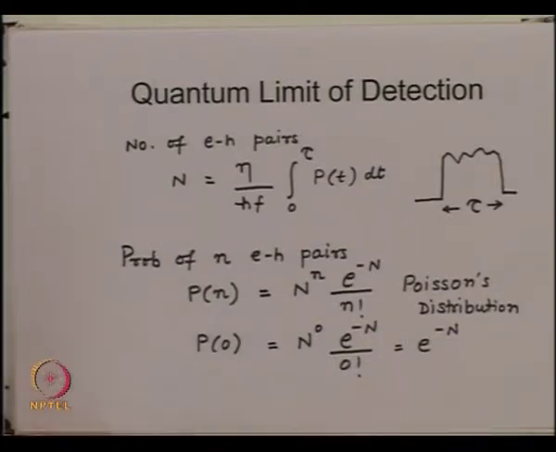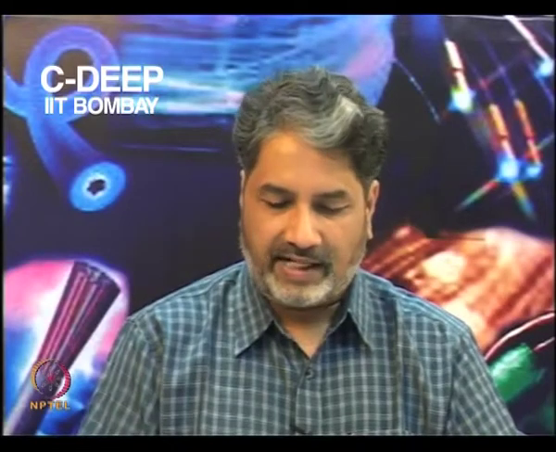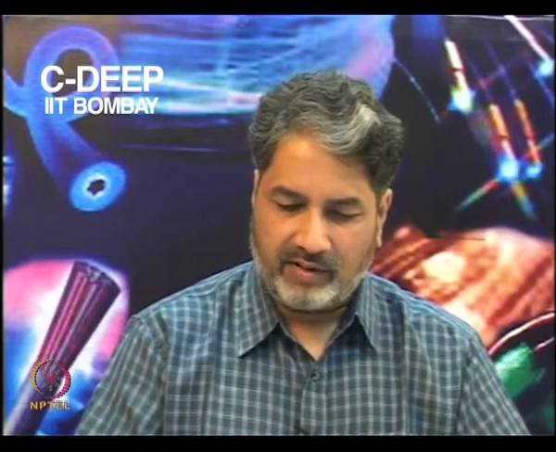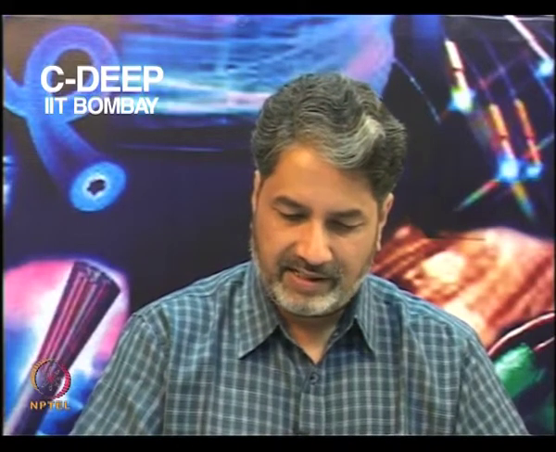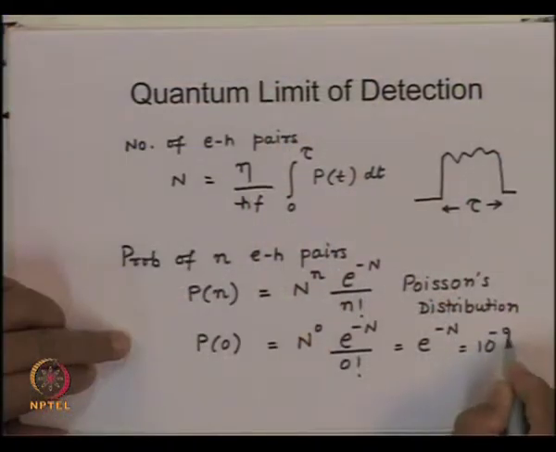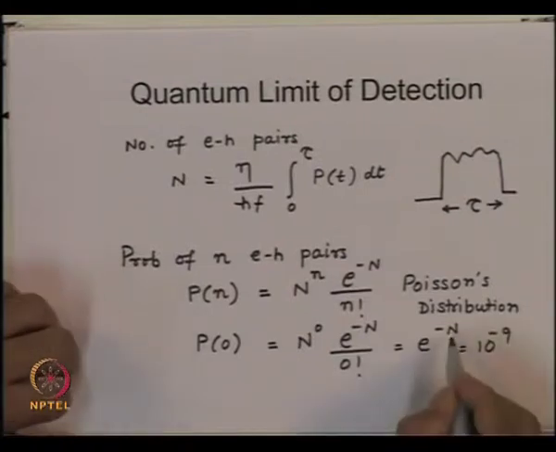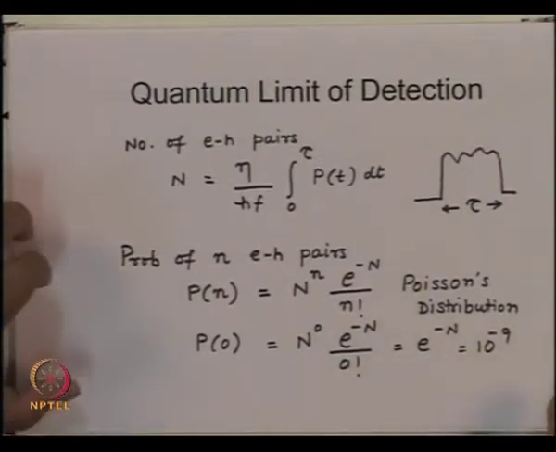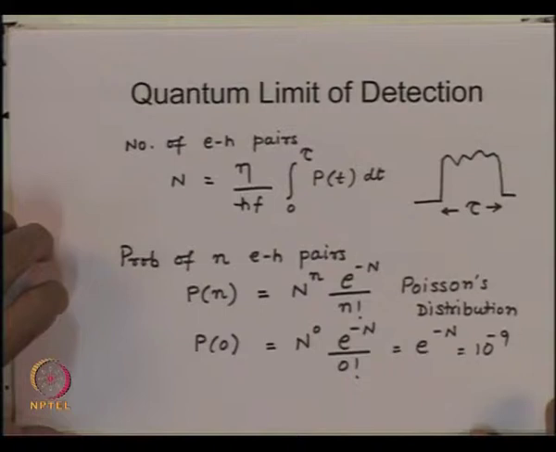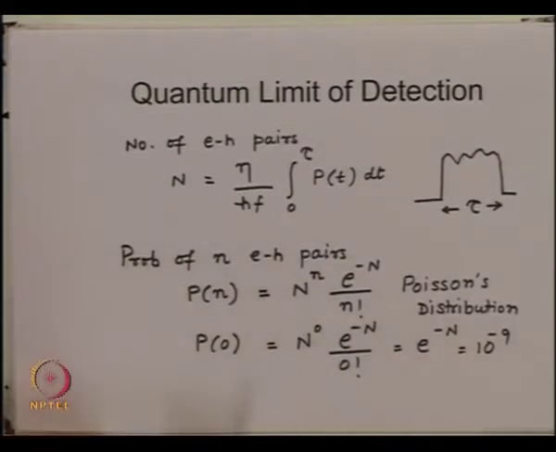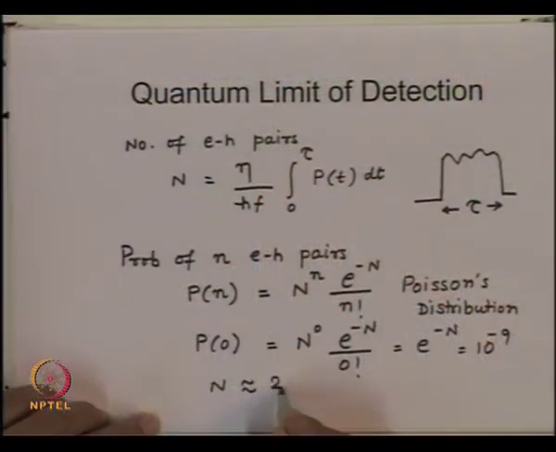And we have defined a standard that our bit error rate should be less than 10 to the power minus 9. That means this quantity now should be less than 10 to the power minus 9. So, if we equate this to 10 to the power minus 9, we get this average number of photons which must arrive during 1 bit duration, and that will be approximately equal to 21.